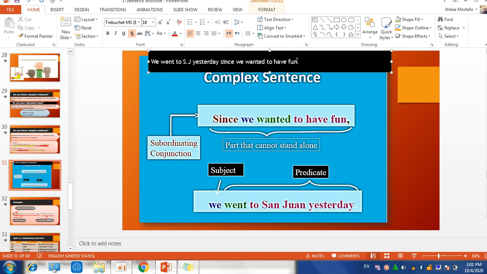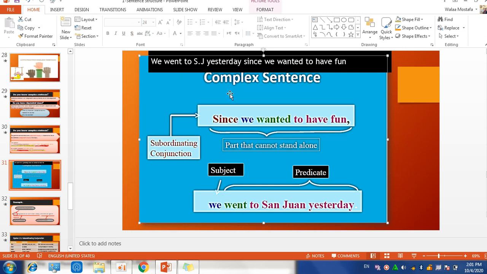Yes. Look at this one where I switched the two parts and started with the independent clause. What's the difference between the first one and the second one?